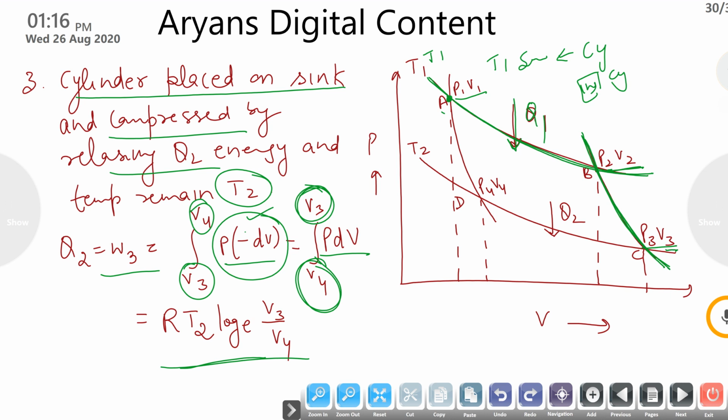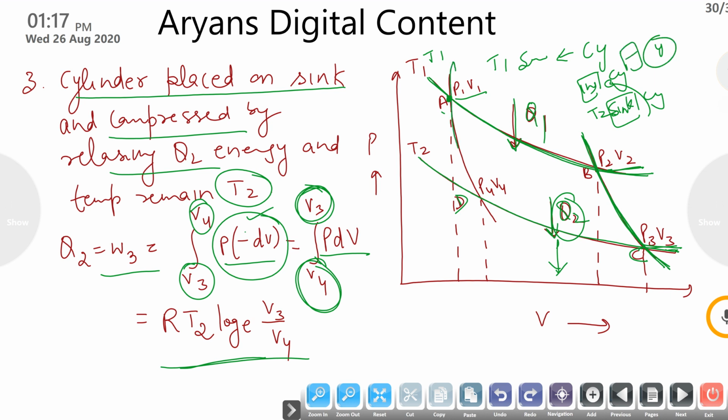Now in the third step, your cylinder is placed over the sink. Now the sink is at temperature T2, which will be fixed. So again the temperature is fixed and this is your isothermal process. In this step, we come from C to D and the pressure and volume change from P3 V3 to P4 V4. Now the remaining amount of heat is rejected to your sink. The working substance will reject Q2 amount to the sink. Now in the final step, the cylinder is again placed on the stand, which is an insulator.